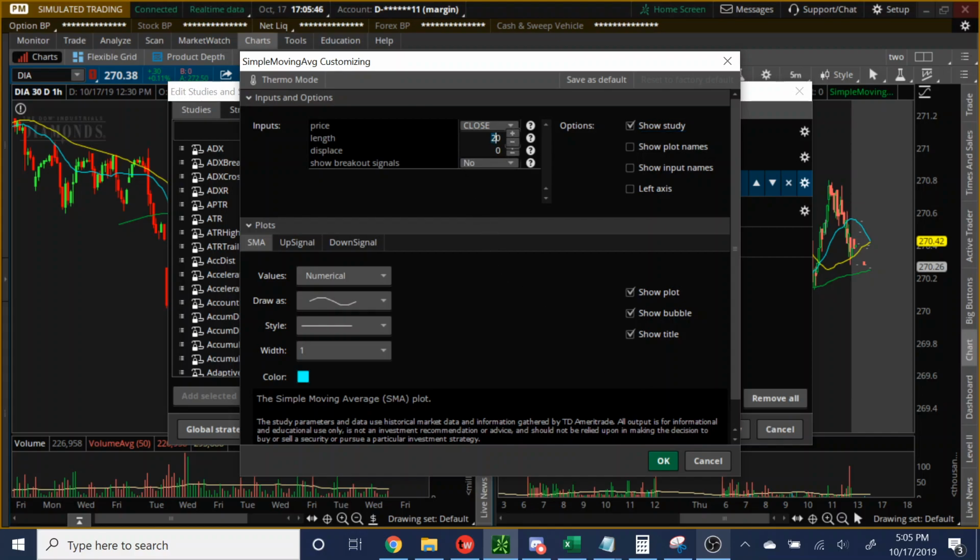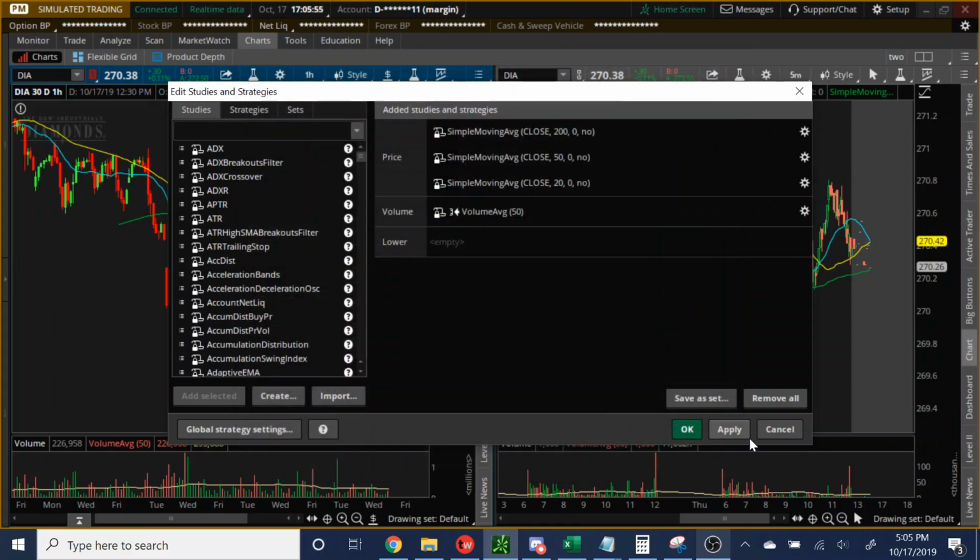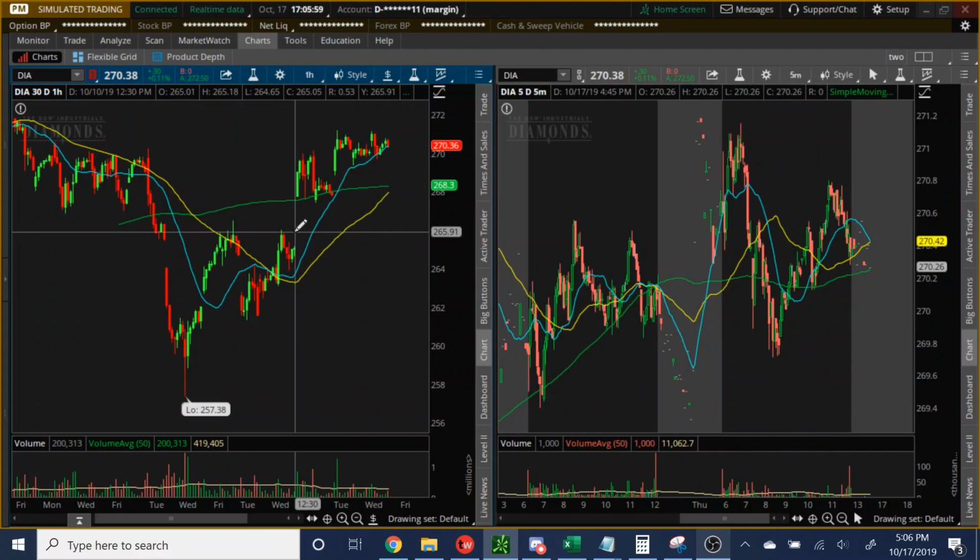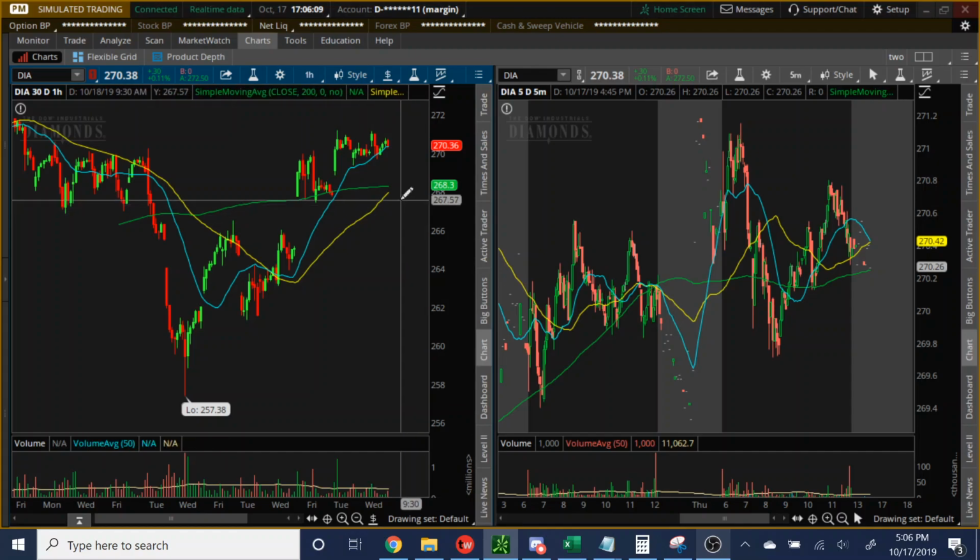Just keep it basic, simple moving average. And if you want to use just 20, 50, and 200, I still think that you should use no indicators, but some people use that. I used to, but I think it's just distracting to what's really important, which is price and time, and volume, of course.